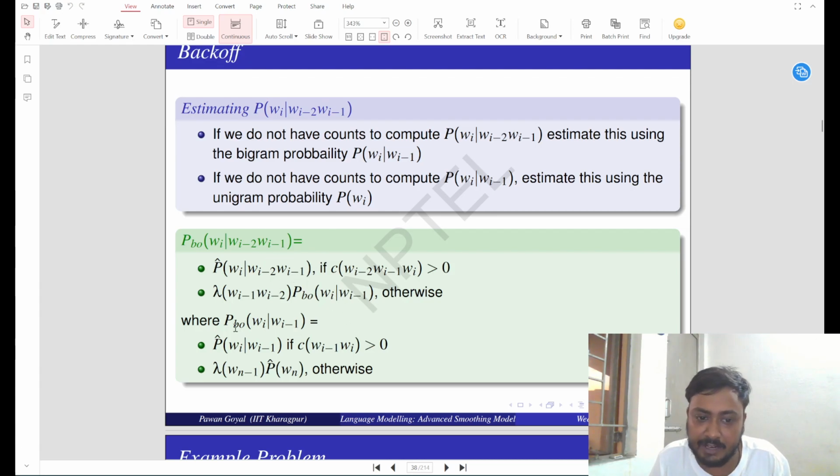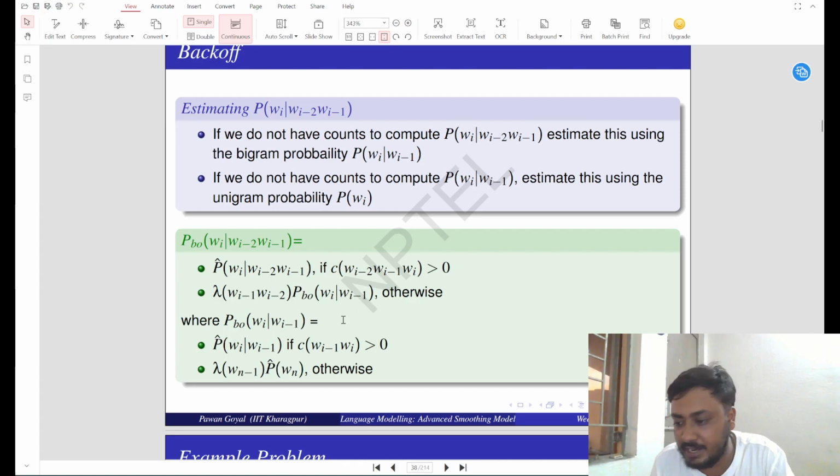Similarly, you will calculate back off of the bigram model. If the bigram probability is greater than 0, we just discount it. If it is not, then we use the unigram probability, discounted obviously, and then multiplied with the weight. Now the formula remains the same.